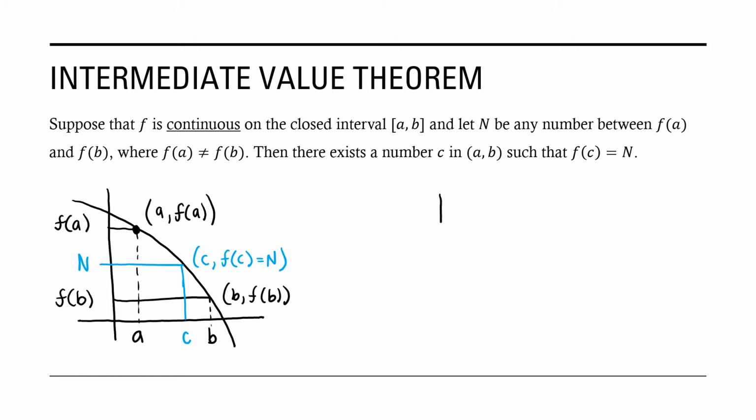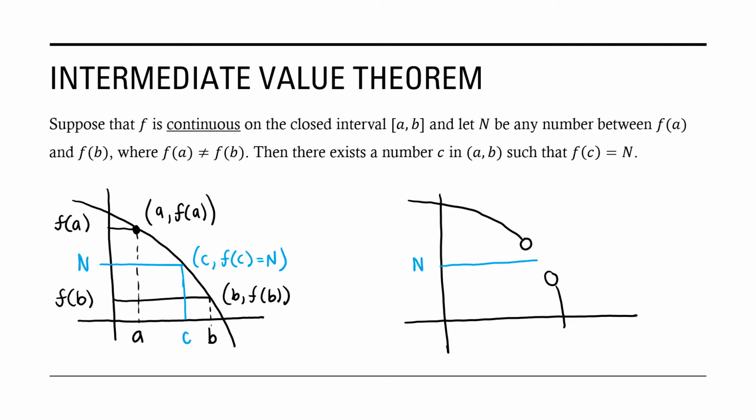And one of those key pieces is the continuity, because if we look at a function that is not continuous, well, we might be looking for some sort of n where that's not actually an output of the function.